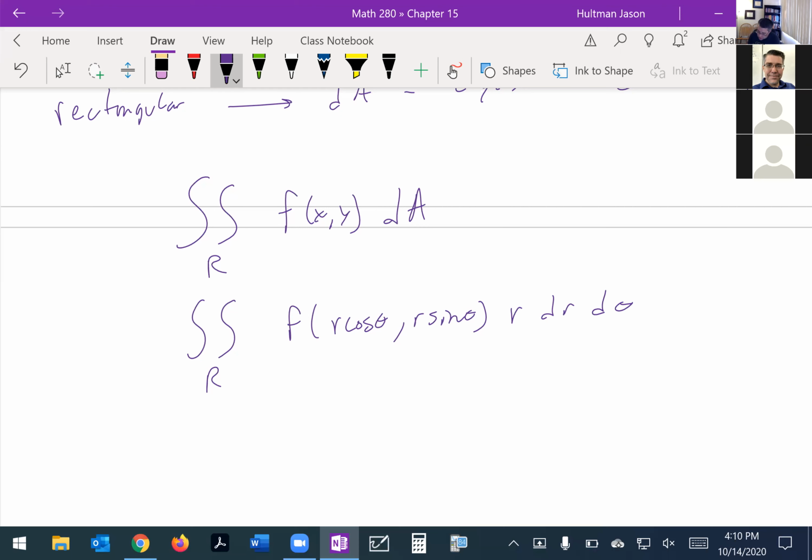Where r is going to be a function of theta, R1 of theta to R2 of theta, and then theta is going to be a function of alpha to beta, just like we did in rectangular coordinates.